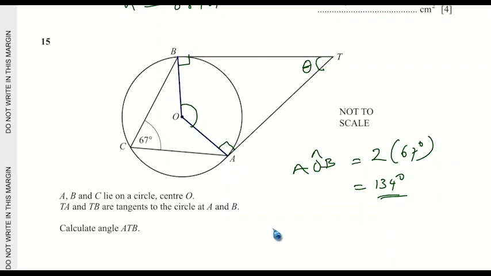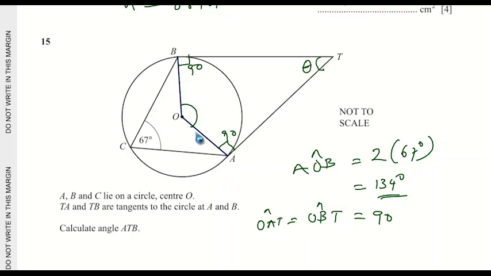So you can say that OAT equals OBT equals 90 degrees. So we have 90 degrees here and 90 degrees here. This is going to help us a lot.